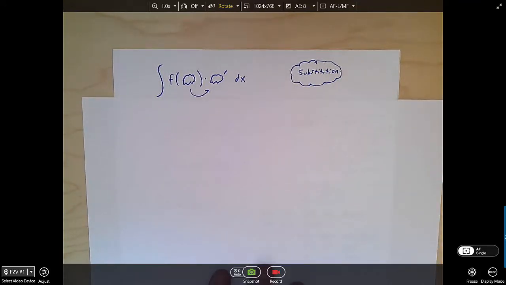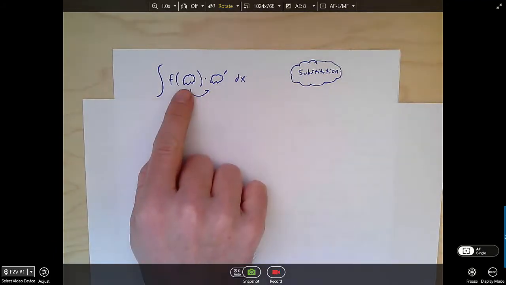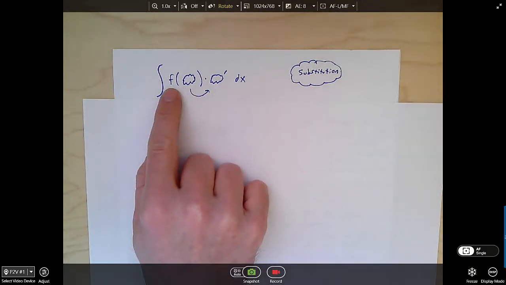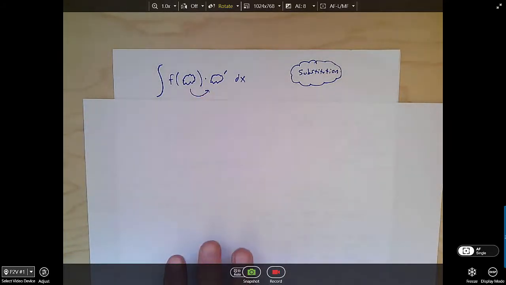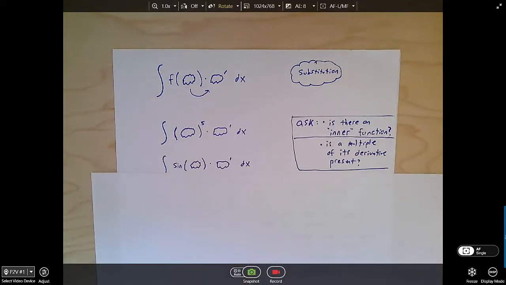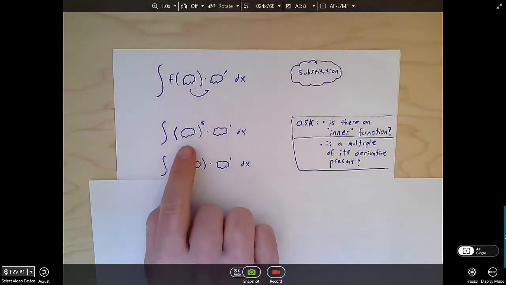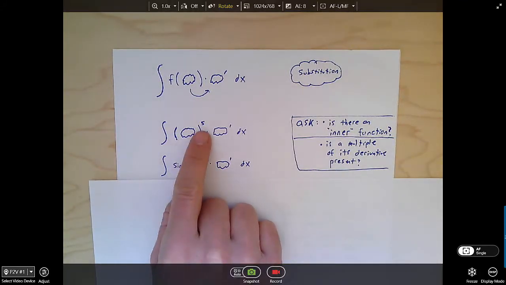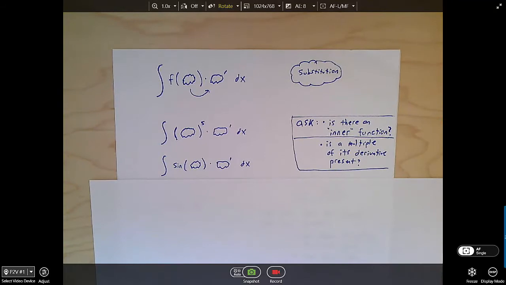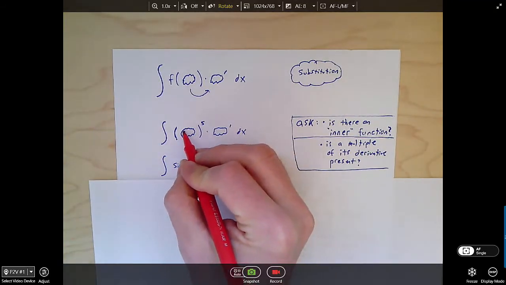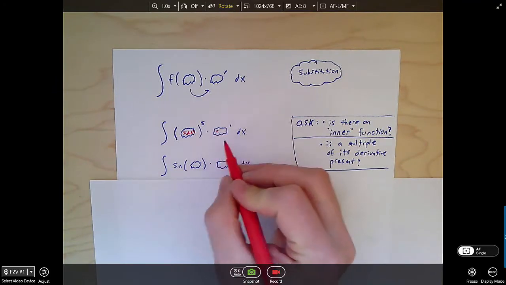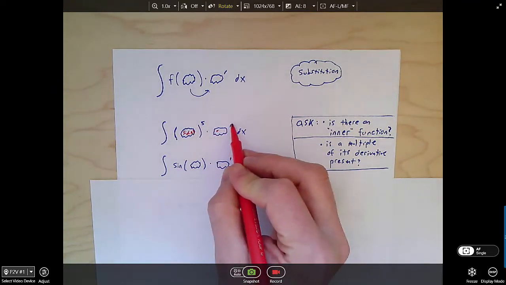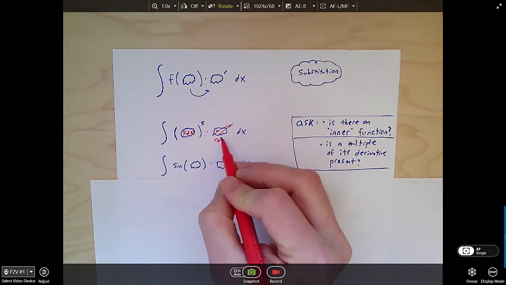applies. So for substitution, the whole idea is you have some function that's inside another one, and the derivative of the inner function is also present in the integral. So for example, it's going to look something like some complicated function to the 5th power, and then the derivative is also present. So for example, you could have sine x to the 5th times the derivative of sine, so that would be cosine.